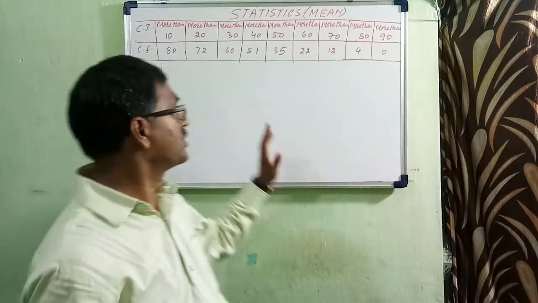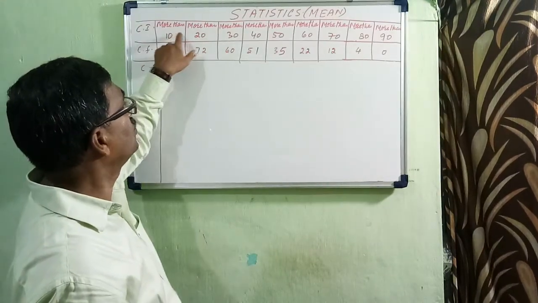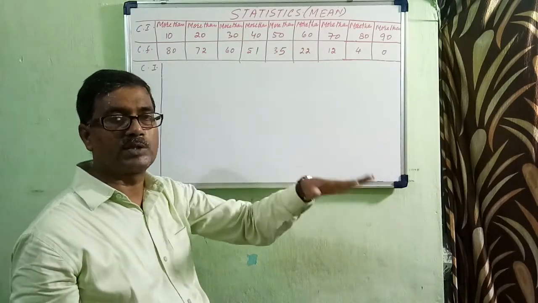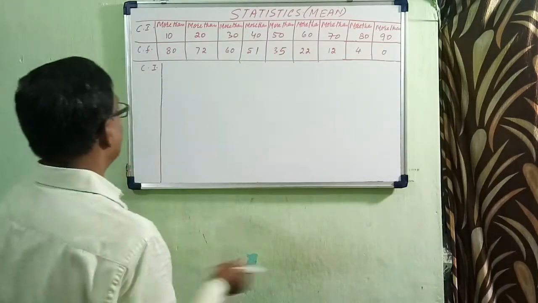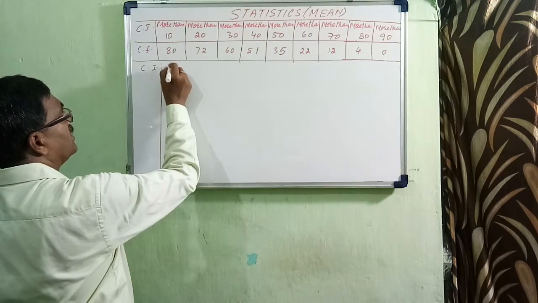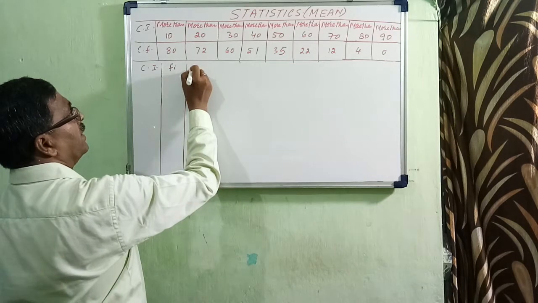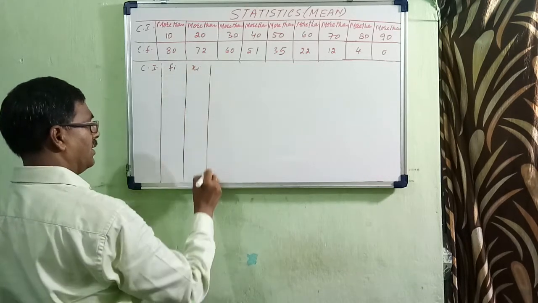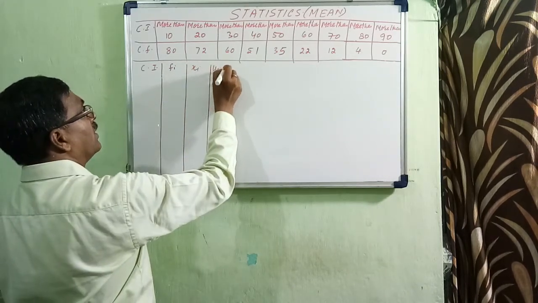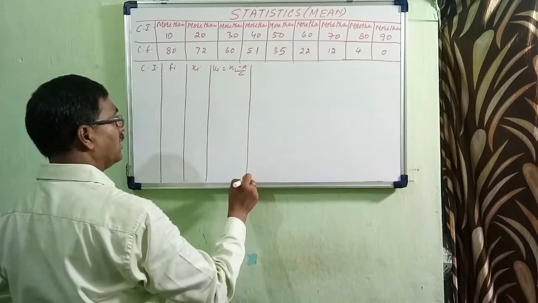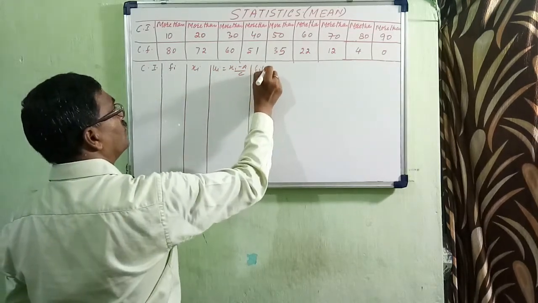now another question is that how to convert the more than series into the simple frequency distribution table. Let us say CI, then here is FI, then here is XI, then UI is equal to XI minus A by C, then FI into UI.